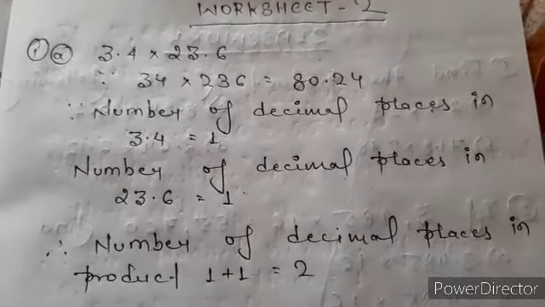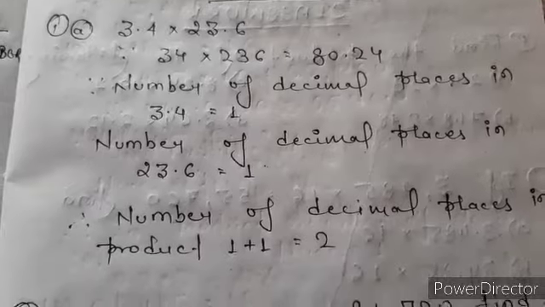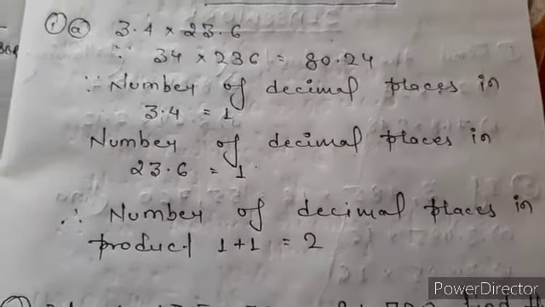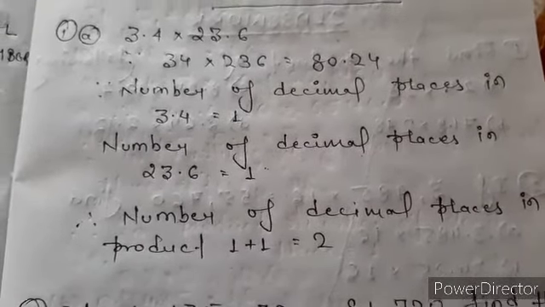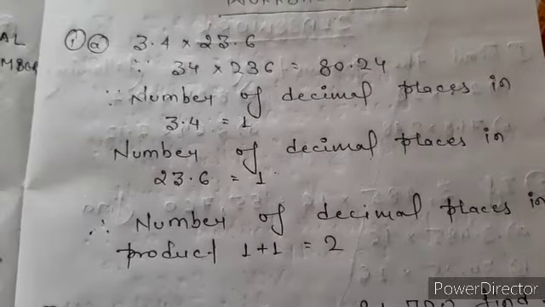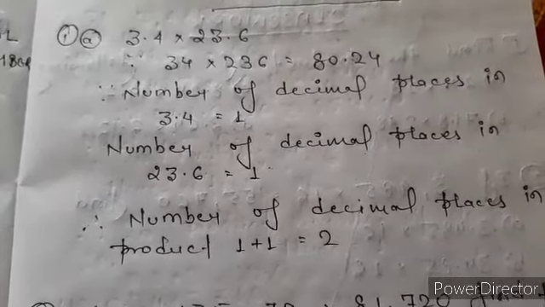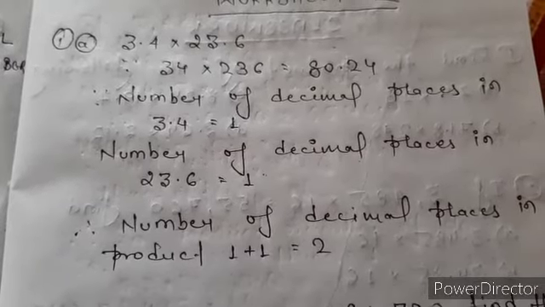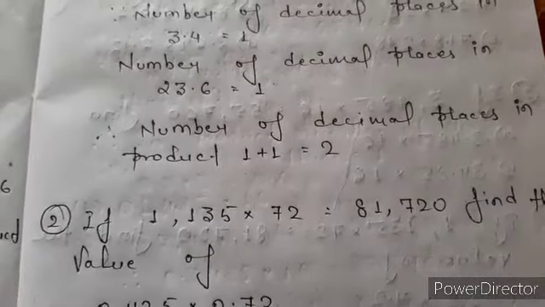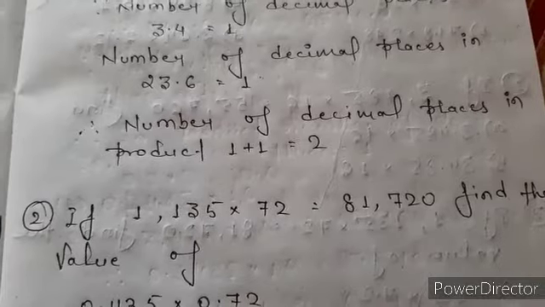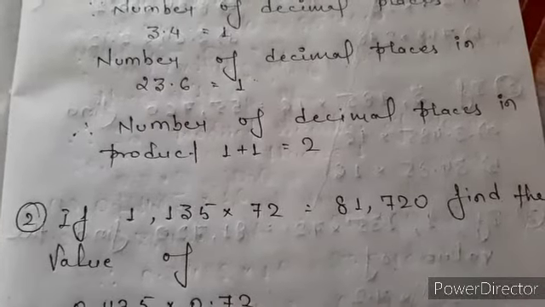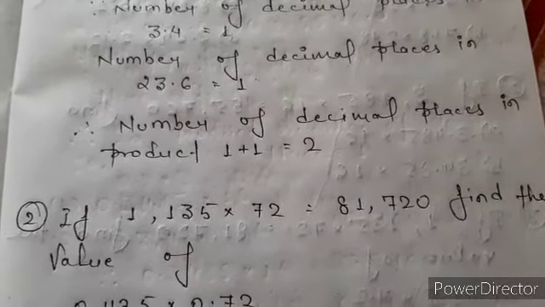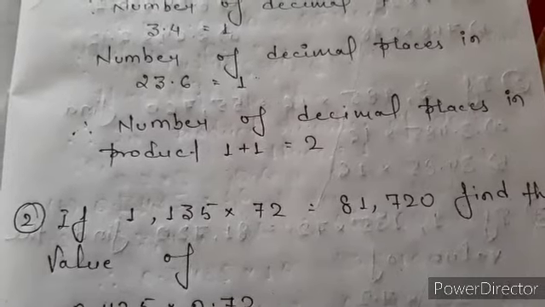Hence the number of decimal places in the product is 1 plus 1 equals 2. That means we put the decimal sign after counting the number of decimal places in the multiplicands. We multiply two decimal numbers as ordinary multiplication, and after this we place the sign of decimal.